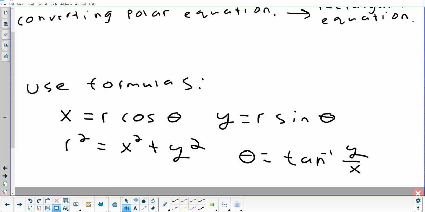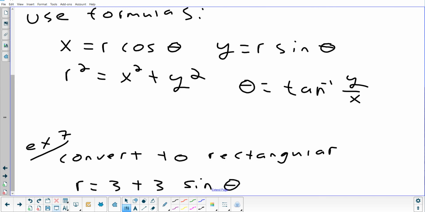This gives you a way to turn an r and a sine into a y, a cosine and an r into an x, and so on. But the goal, when you write something as a function, you have to have x's and y's. No r's, no thetas, no sines, no cosines. You just want x's and y's.